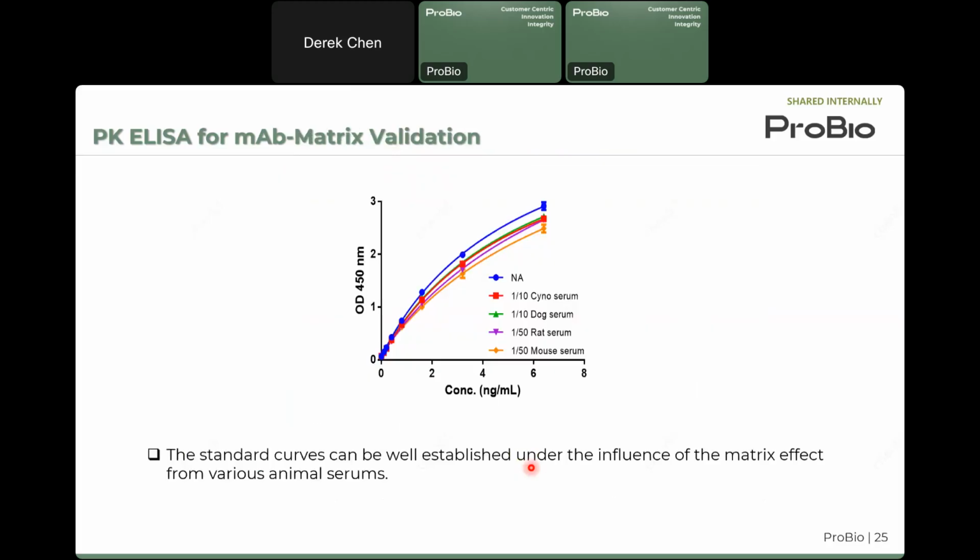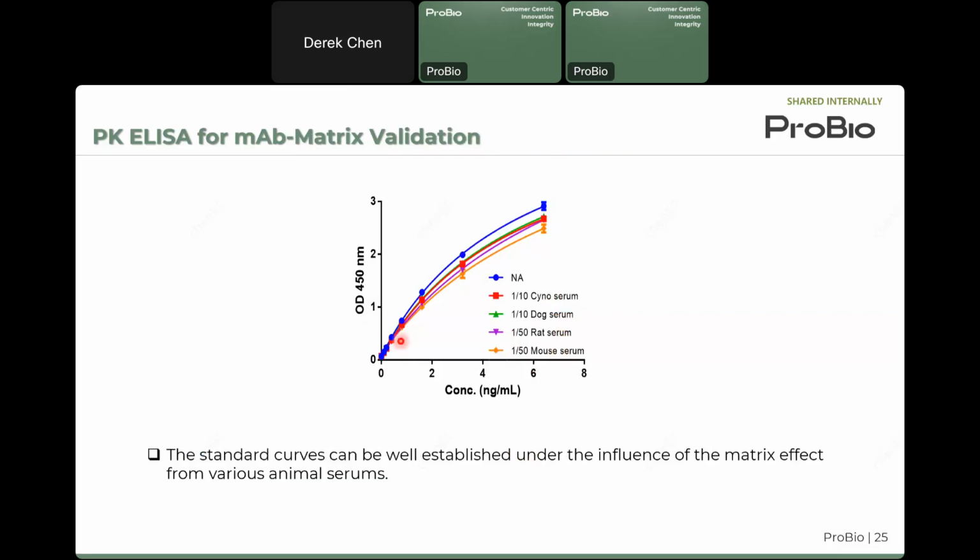In addition to accuracy and sensitivity, these universal 2 antibodies also show great tolerance to the matrix effect from different animal sera, such as cynomolgus monkey, dog, rat, and mouse.